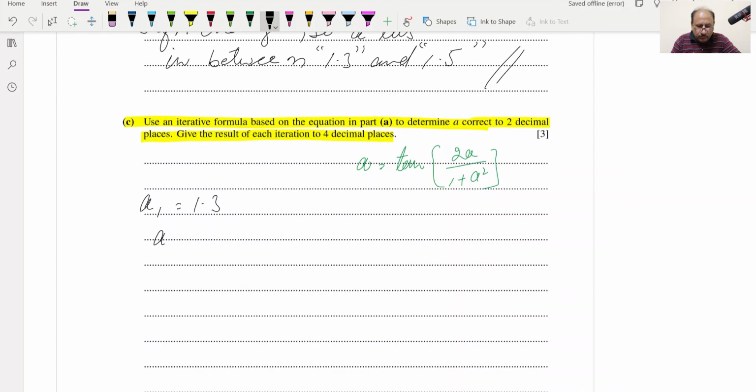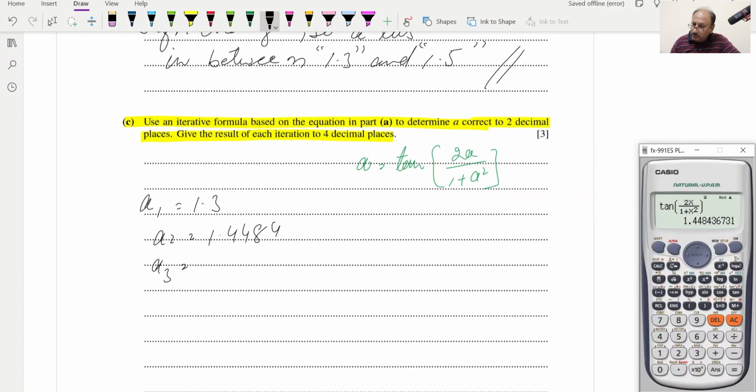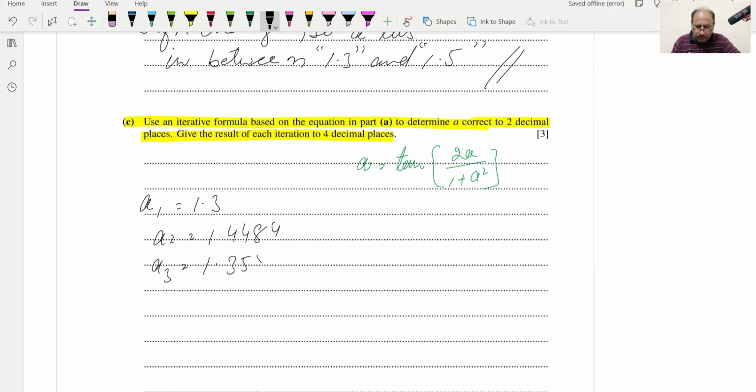So a2 is 1.4484. Calculating for the answer, a3 gives us 1.3552.